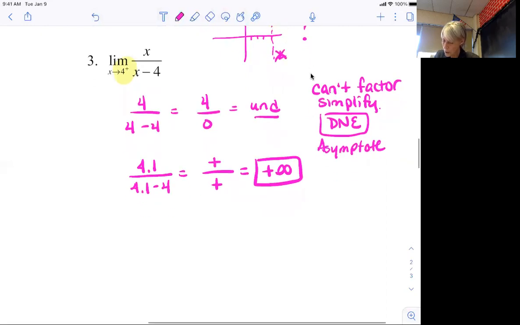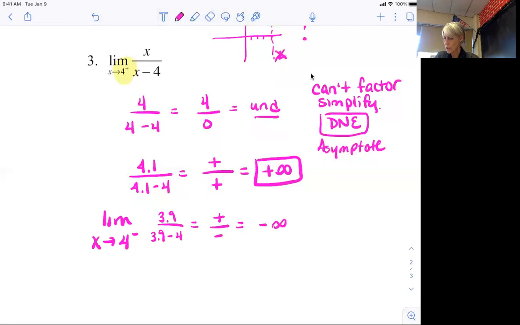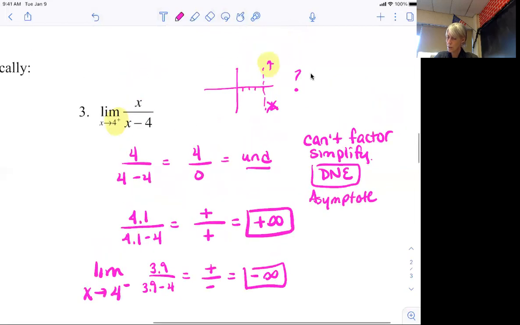While we're here, let's do the limit as x goes to 4 from the left and see what we get. So the limit as x approaches 4 from the left. Now we take a number a little bit smaller than 4, 3.9. 3.9 minus 4 is a negative number, so it's a positive number over a negative number. So from the left, I'm going to negative infinity.